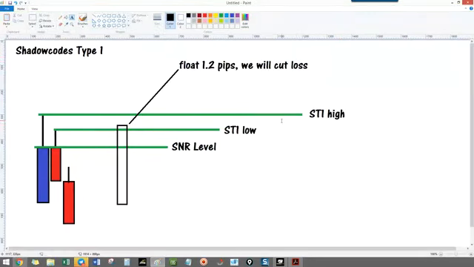We will cut loss because when the price moves down, it will do something like this. All right, this is float. This is floating. What we want is something like this.